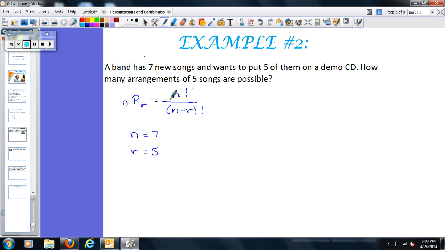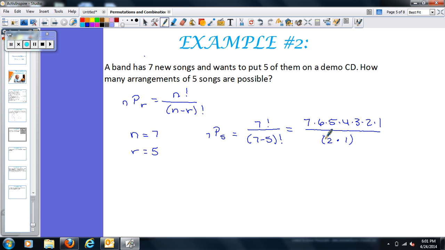So now all you're going to do is plug it into the formula. So it's 7P5 equals 7 factorial over 7 minus 5 factorial. Okay? So, how this works is 7 times 6 times 5 times 4 times 3 times 2 times 1, over 7 minus 5 is 2 factorial, which is 2 times 1.